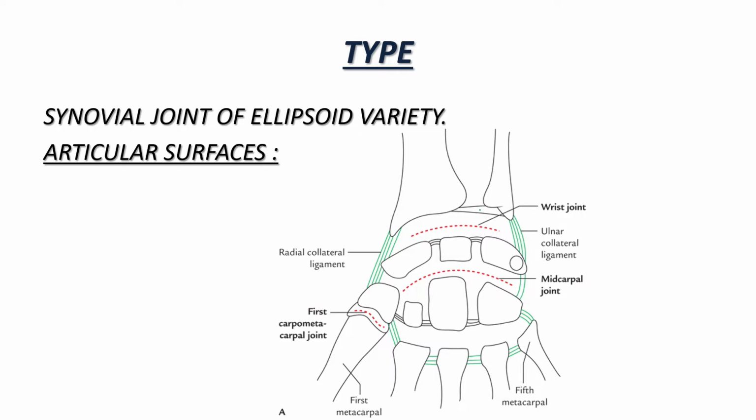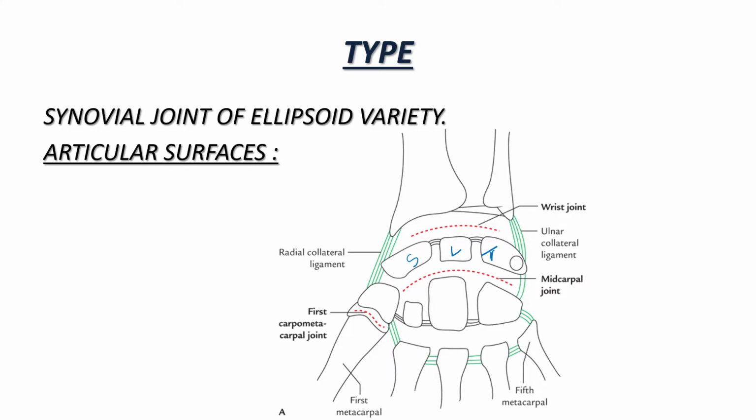Whereas in the distal part, the articular surface is contributed by the lateral bones of the carpal in its proximal row, that is the scaphoid, the lunate, and the triquetral bone. So these are the bones taking part in the articular surfaces.